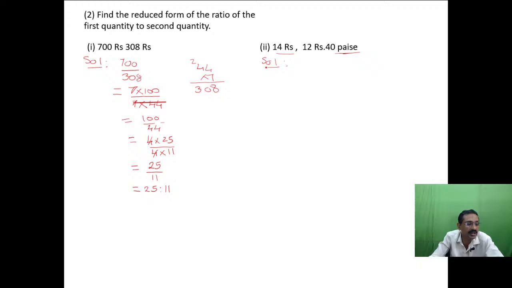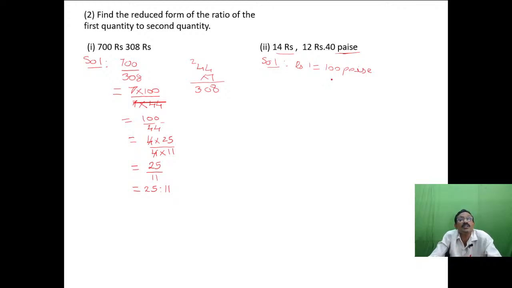What does 1 rupee consist of if you say? Rupees 1 has got how many paise? 10, 20, 30, 40. How much does rupees 1 have? 100 paise. Rupees 1 has got 100 paise.